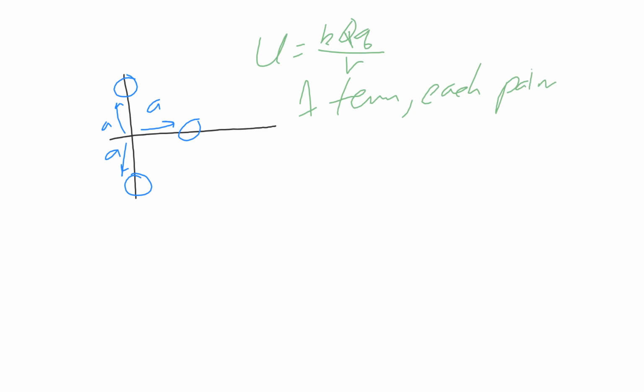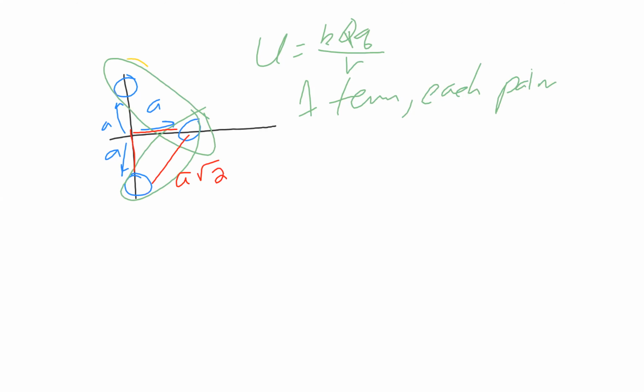Two pairs on the diagonal will be identical because they have the same distance. Since I have an a by a triangle in both cases, this distance is going to be a root 2. You don't have to get that immediately; you could also just use the Pythagorean theorem. So those two pairs are going to be identical.